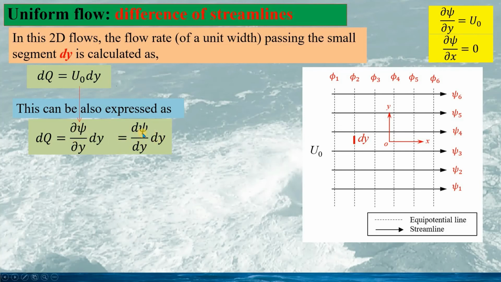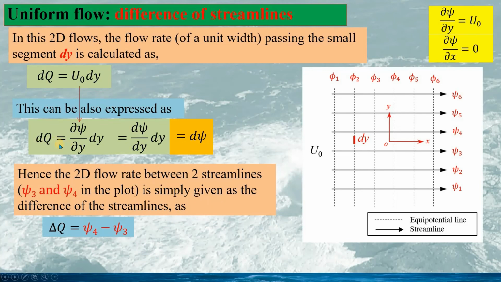And since psi is only dependent on y, the partial differentiation with regard to y is the same as the normal differentiation with regard to y. So this would be given as the differential of the stream function, d psi. So in 2D flows, we integrate this equation and we can get the total flow rate between two streamlines, psi 4 and psi 3. It would give the relation between this flow rate and the difference of the streamlines as this.